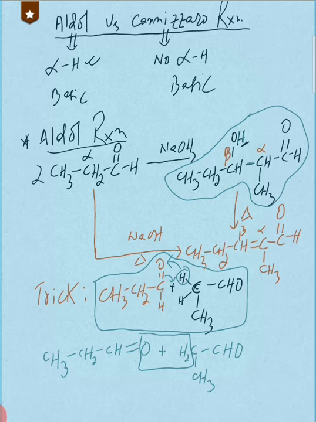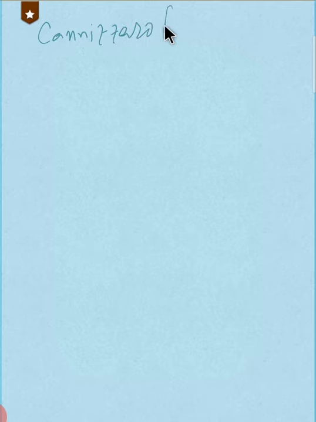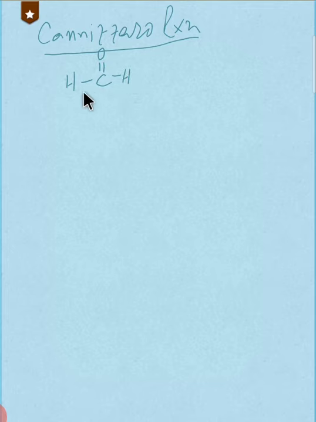Okay, let me give an example of Cannizzaro reaction. Okay, this is Cannizzaro reaction. In Cannizzaro reaction, there must be no alpha hydrogen, so we can give this formaldehyde because there is no alpha carbon atom in this carbonyl compound, and so Cannizzaro reaction will take place in formaldehyde.